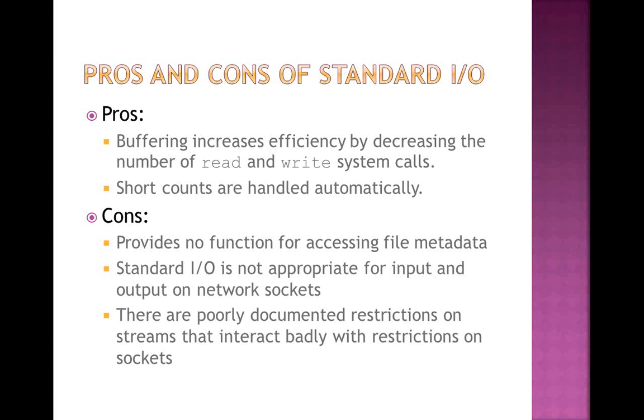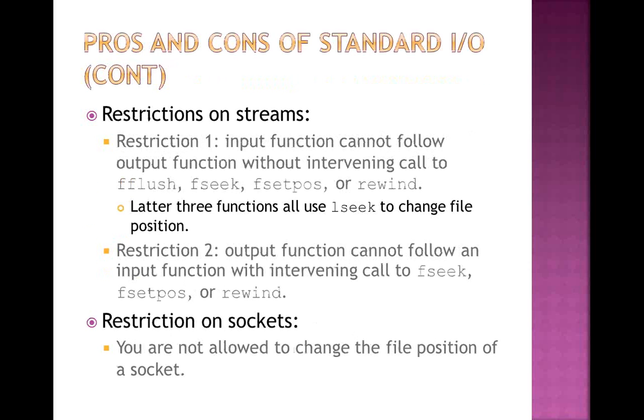That is, it is not used with the socket file. Next limitation is that there are poorly documented restrictions on the stream that interact badly with the restrictions on the socket.